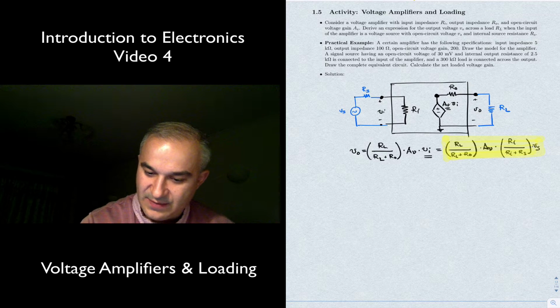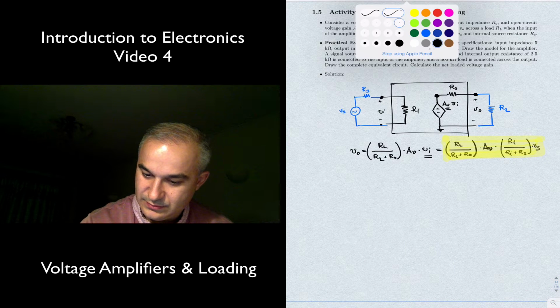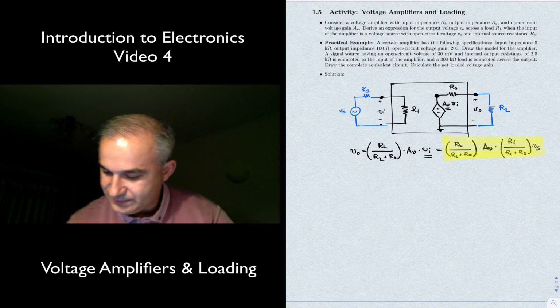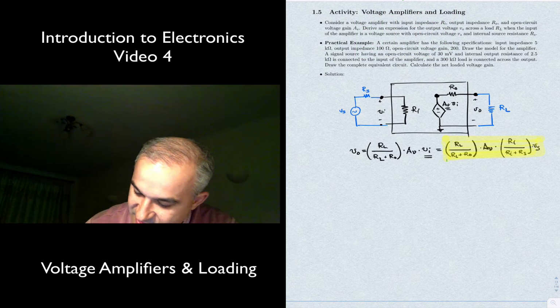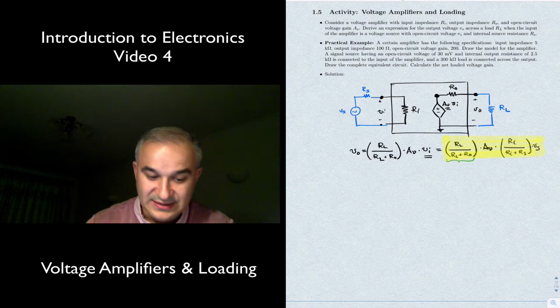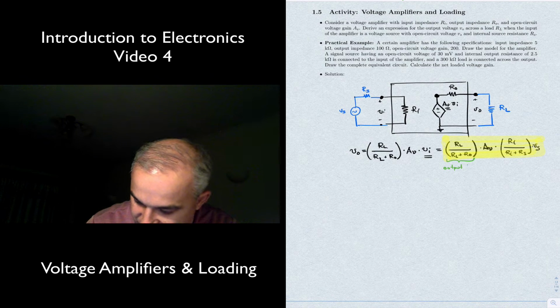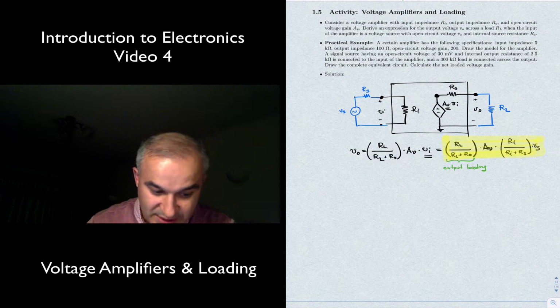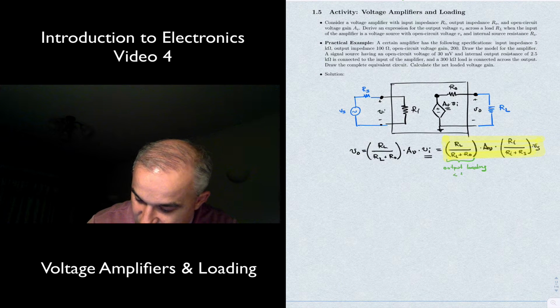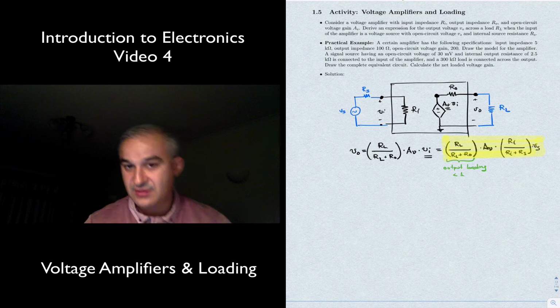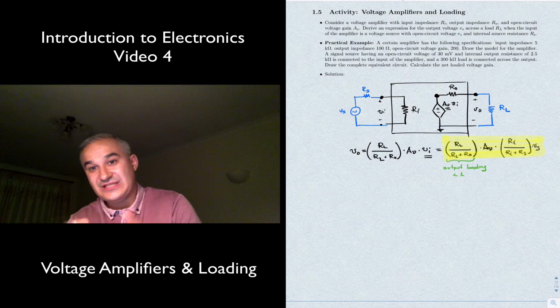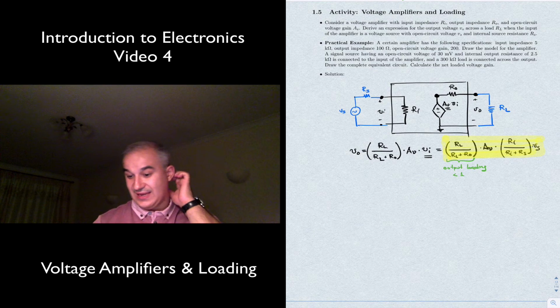Now let's make here a couple of annotations. Now, this is the output loading. And as you know, it's going to be less than 1, right? RL divided by RL plus something else is going to be less than 1.